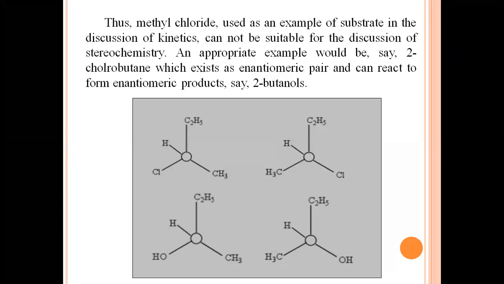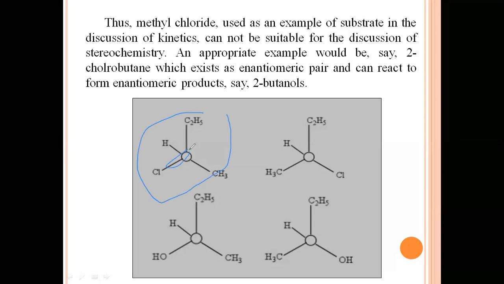You can see the structure of 2-chlorobutane, and this carbon is the chiral carbon atom, as it is attached to four different groups. One group is ethyl, the second is methyl, the third is chloro, and the fourth is hydrogen.